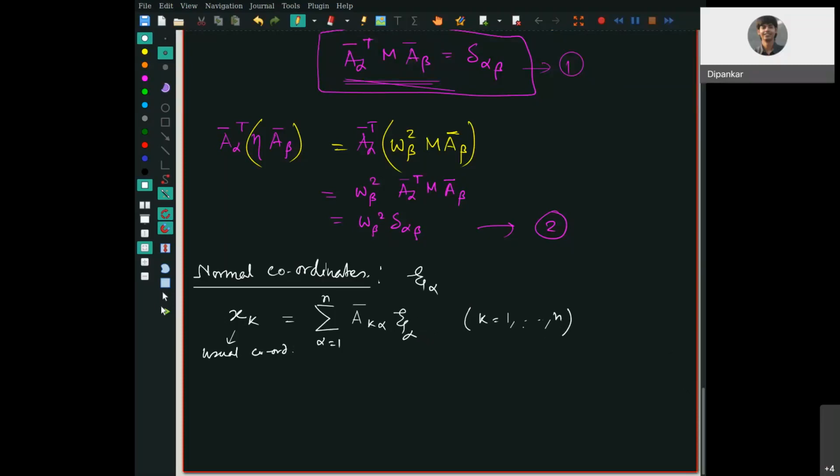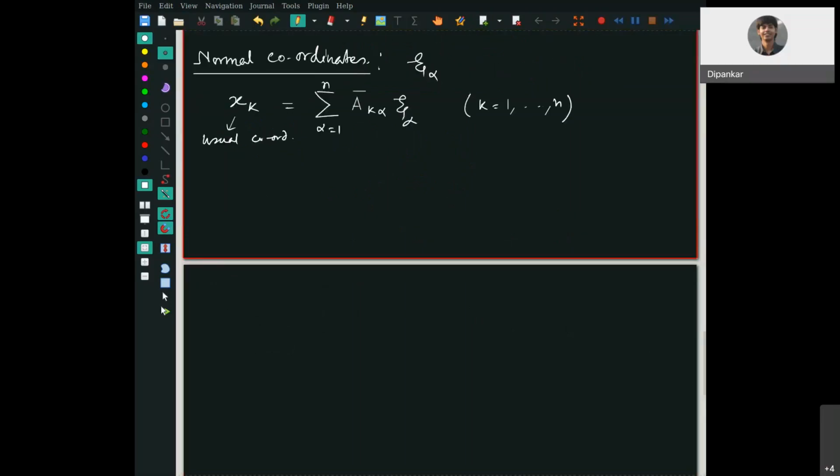Okay, so you invert this equation to get your xi alpha. But if I do that, then what I have is this. If I write down my potential energy in terms of the usual coordinates, it was half sum over jk eta jk xj xk.